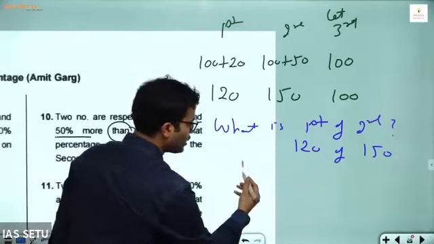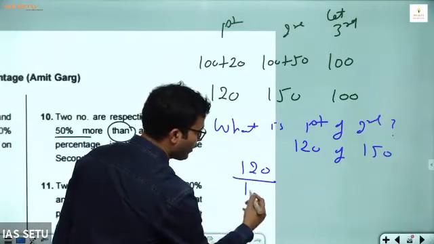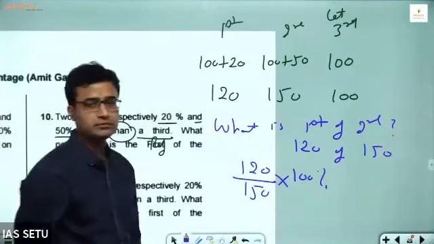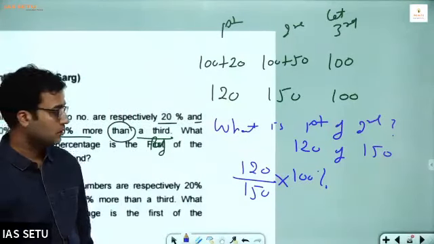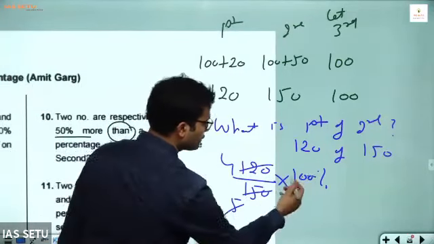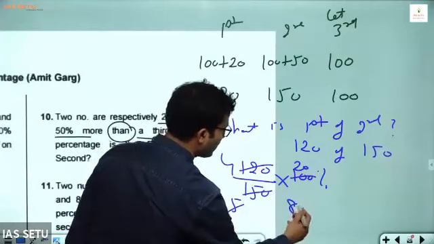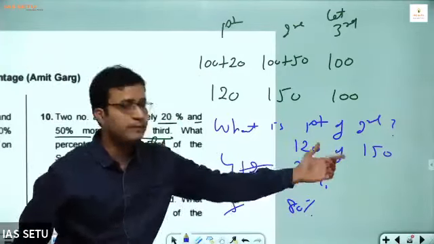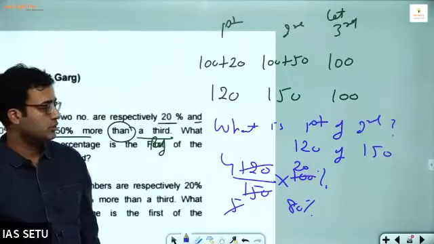So this is 120 out of 150 into 100%. We solve: 34 35, this is 20 into 4, 80%. 120 is 80% of 150 actually.